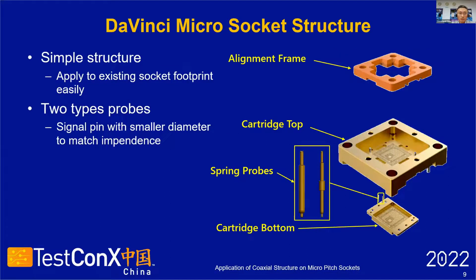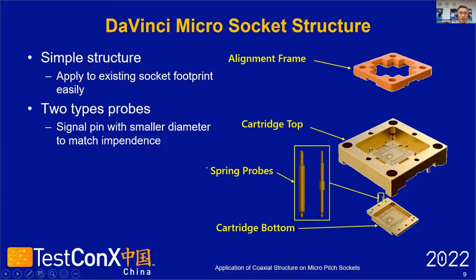For our DaVinci Micro main structure, you can see in this picture, it consists of the spring probe, housing parts, a cartridge top and bottom, and the package align part, the align frame. You can see the structure is simple. The socket design can match the existing PCB socket footprint and test hardware interface easily, so it can save cost for the end user and the customer.